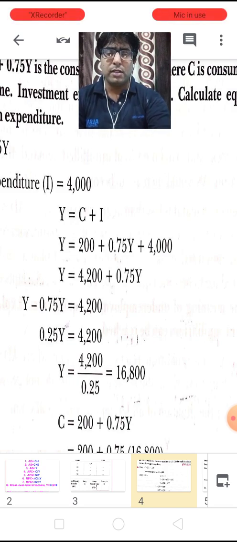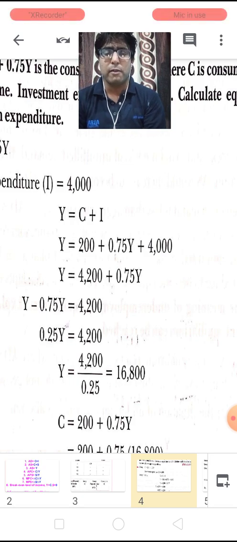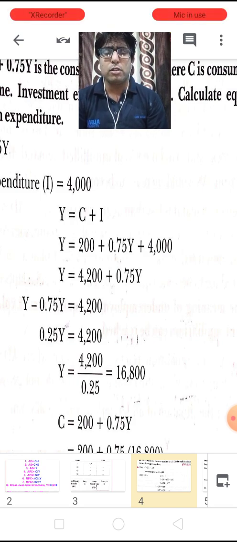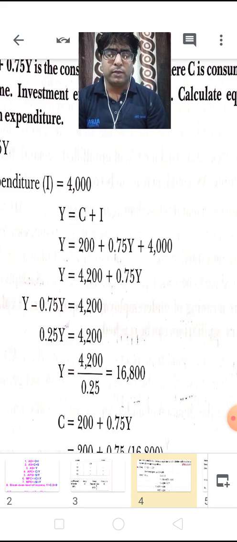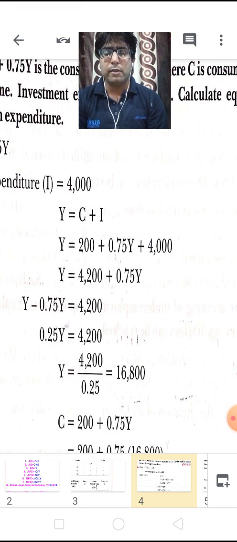When 0.75Y comes to the left hand side, it has to be subtracted from Y. So Y minus 0.75Y equals 4,200, or 0.25Y equals 4,200, or Y equals 4,200 divided by 0.25, then the value of Y is equal to 16,800. So this is the way we find the equilibrium level of income.